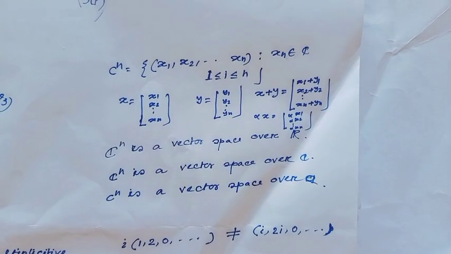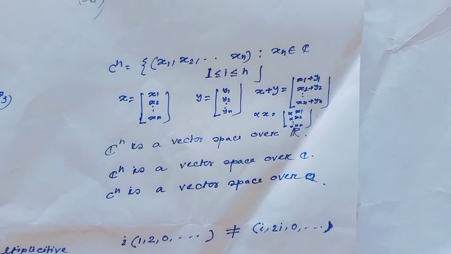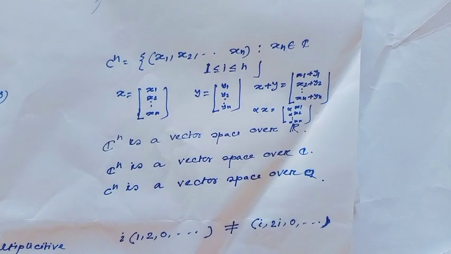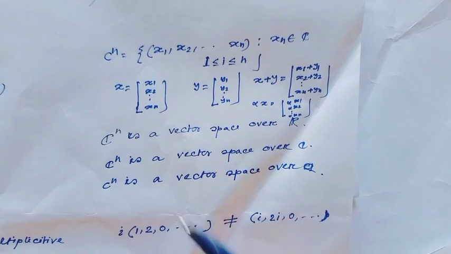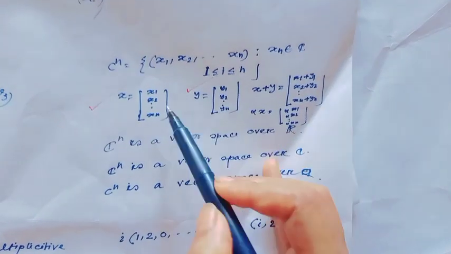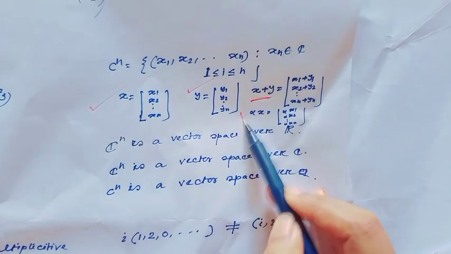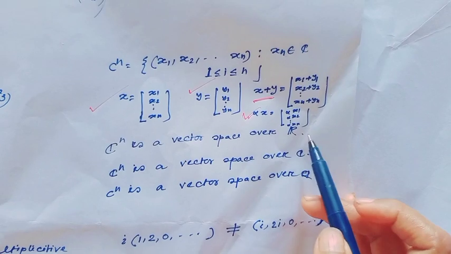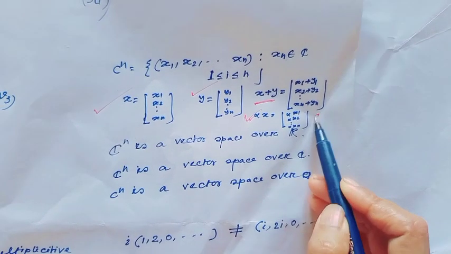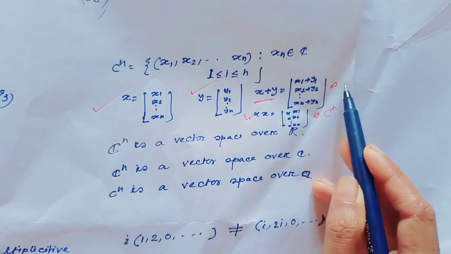All of us know the complex numbers, real numbers, and rational numbers are all vector spaces. If we consider the complex numbers and take 2 vectors x and y, their sum and their scalar multiplication will always be members of Cn. So Cn is a vector space.